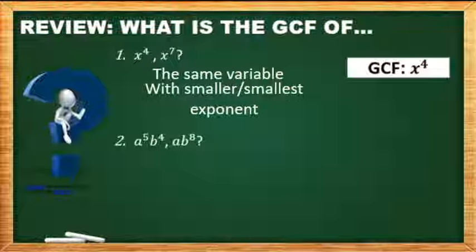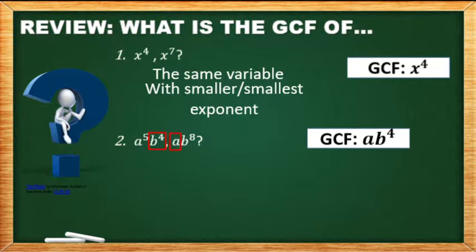So may parehas silang a, may parehas na b. So same variable. We need to find kung sino na lang ang GCF with smaller exponent. Sa a, the smaller exponent is 1. Sa b, the smaller exponent is 4. So therefore, the GCF is a, b raised to 4.